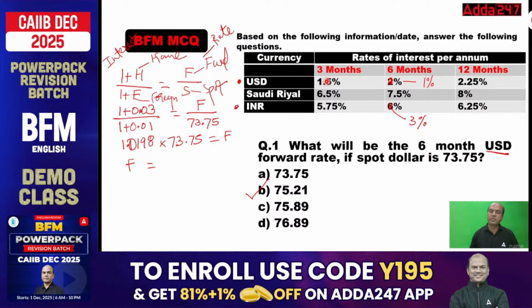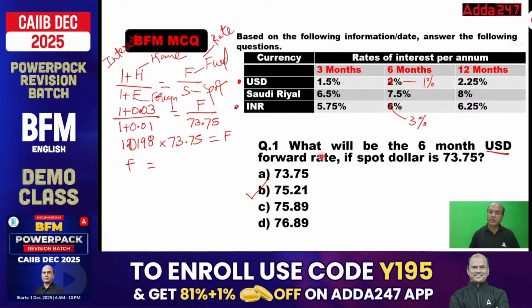This is 1.5%, this is 1%, 6 months is 2.25 and 3%, 5.75, 3 and 6.25. So these are the rates of interest per annum. These are the currencies. This case study was there in June 2025.